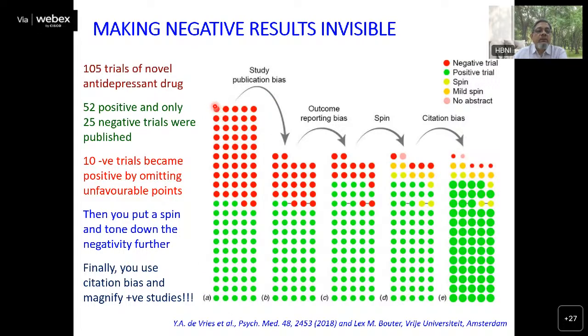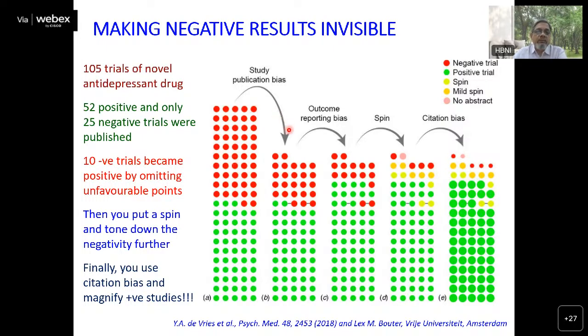Out of these 105 trials, initially there were 53 positive results and 52 purely negative results. The authors did not want to show that almost half were actually negative results. They didn't want to show that a trial on a particular drug was giving almost 50% negative results. So what they tried to do was selectively choose data which is only positive.